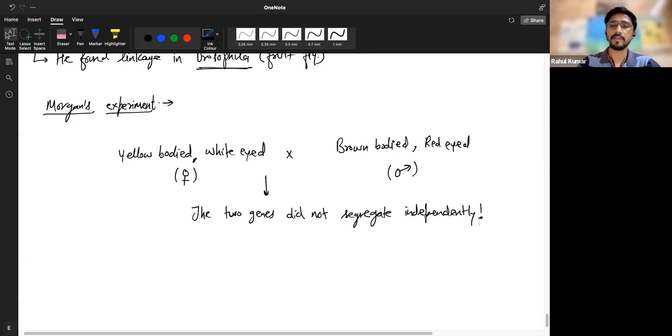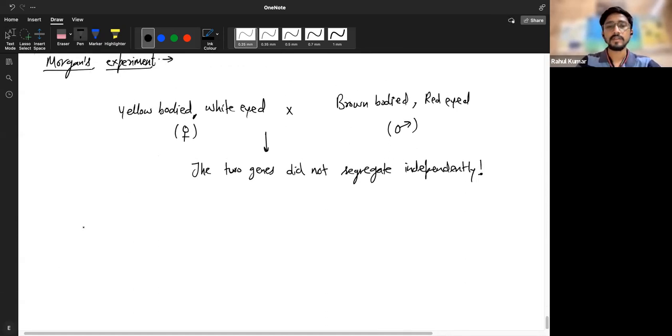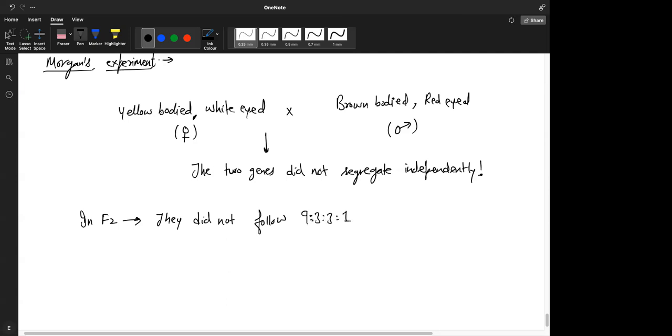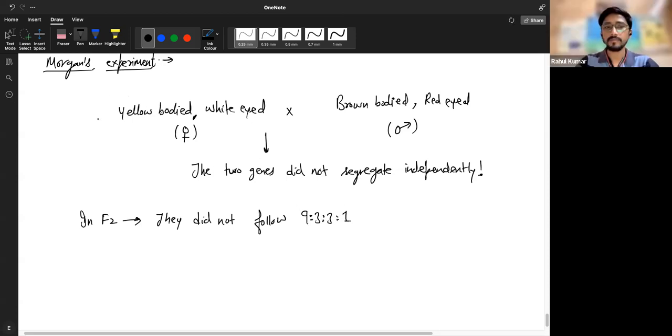And how did he figure out that they are not segregating independently? Through the F2 ratio. So he saw that in F2, which is a generation, they did not follow 9:3:3:1, right? It should have been followed. 1 should be parental, yellow body, white eye, and brown body, red eye.